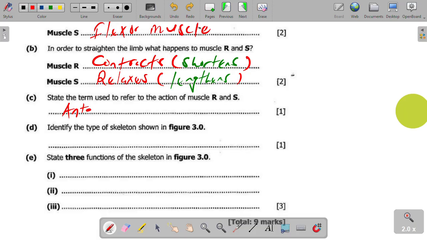Antagonistic action, or you can say antagonistic muscles.